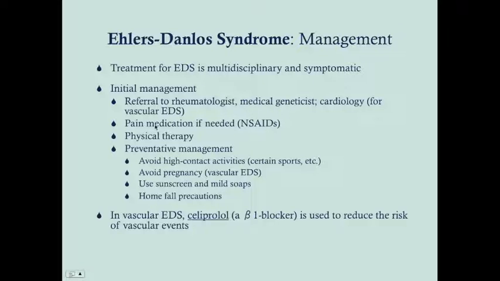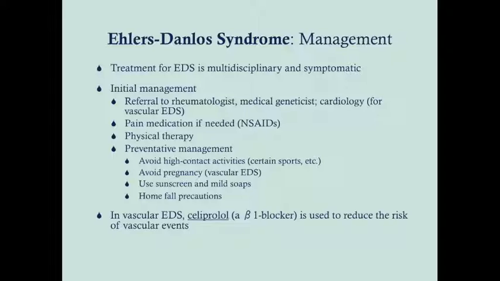If you suspect vascular EDS, they should also be referred to a cardiologist. We will manage their pain with medication as needed, NSAIDs, opiates have even been used. Physical therapy is useful for pain in some cases, but also for children to help them achieve motor milestones if it's diagnosed that early.